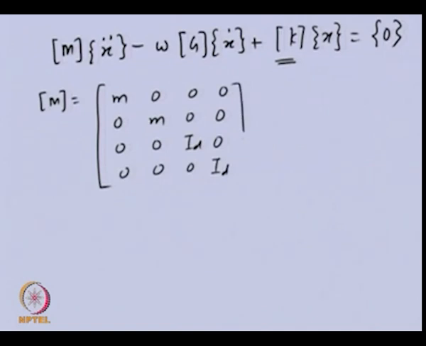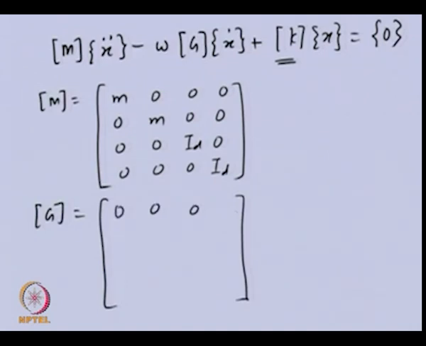This is the diametral mass moment of inertia, these 2 terms. This G is the gyroscopic matrix, which has most of the terms 0 except 2, which are non-zero.